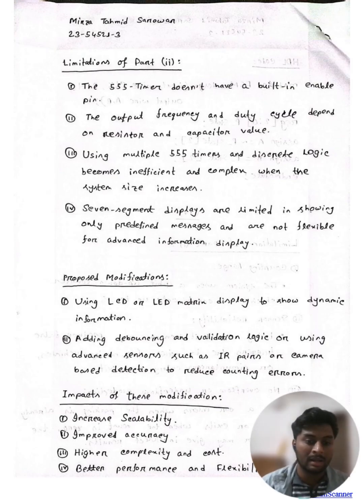We can modify that, and add debouncing and validation logic, or use advanced sensors such as IR pairs or camera based detection to reduce counting errors. The impact of these modifications will be increased scalability and improved accuracy, yes, there will be higher complexity and cost, and better performance and flexibility. So this was all.